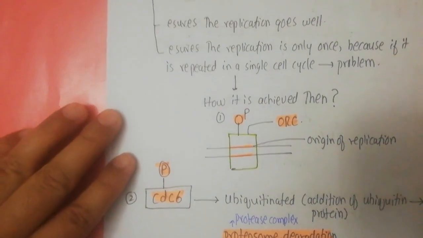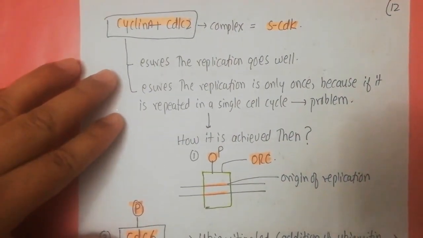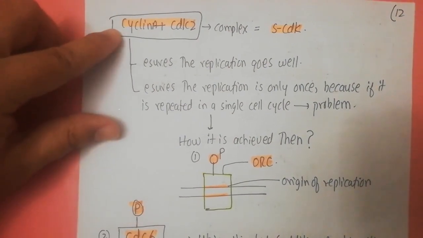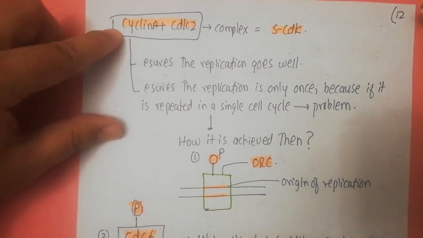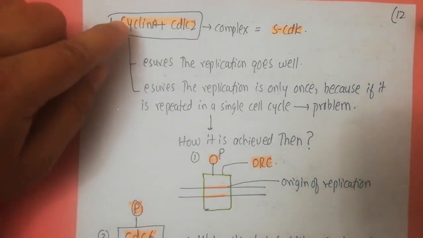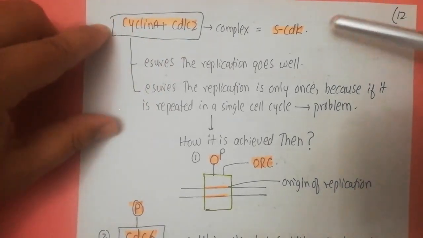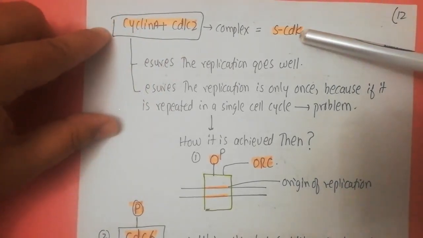Now, once you have increased the level of cyclin A in the cell, what is this cyclin A going to do? As I've told you, it has the ability to bind to CDK2 just like cyclin E. Here the complex of cyclin A and CDK2 is known as the S-CDK.